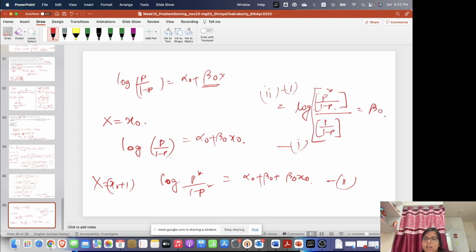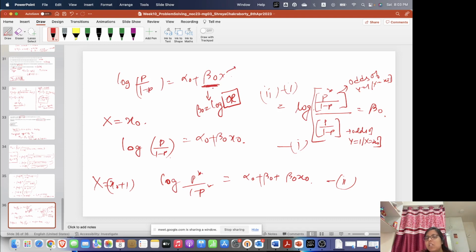This is the odds of y equal to 1 when x equals x naught plus 1, and this is the odds of y equal to 1 given x equals x naught. So what beta naught signifies is the log odds ratio that we get when we change x by 1 unit.